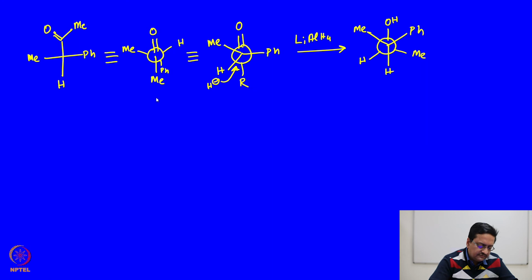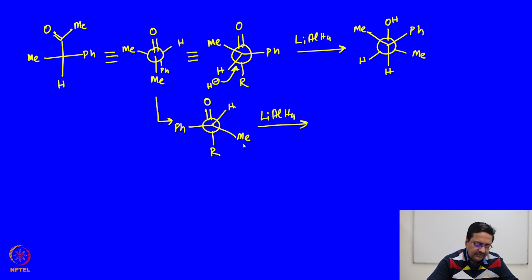The other possible transition state for this compound would be this one. And in that case, if we treat with lithium aluminum hydride, H minus would attack from this corner and remember this R is methyl group.